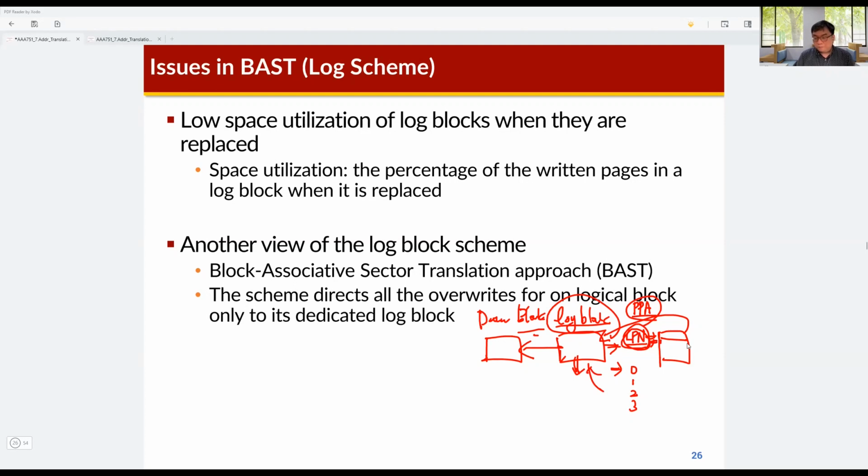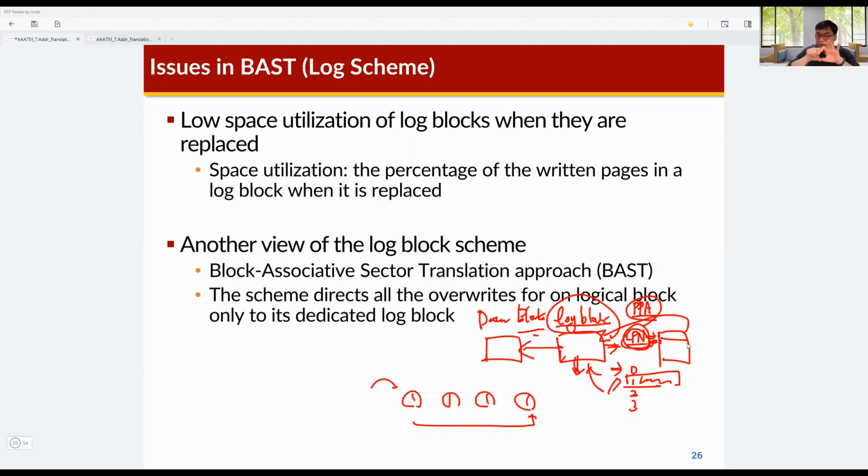Now, what's the problem? Only a certain page, for example, this logical page number 1, can be updated frequently. So that means logical page number 1 is written, and then 1 is written, 1 is written, 1 is written. For this case, this BAST scheme cannot handle it well.